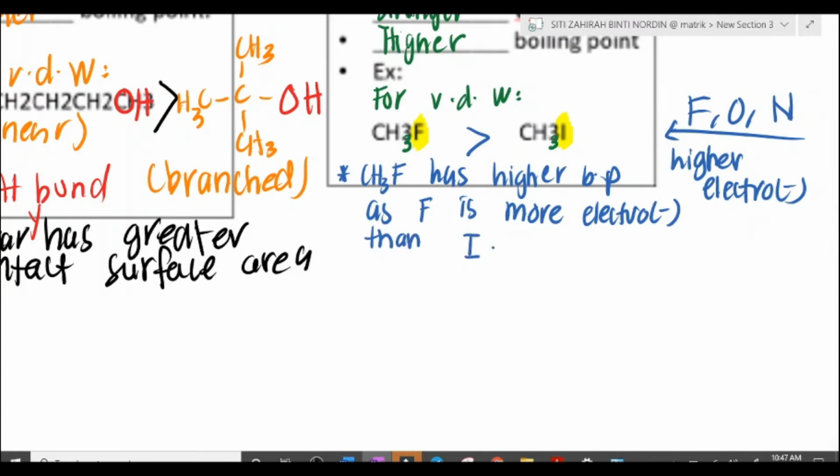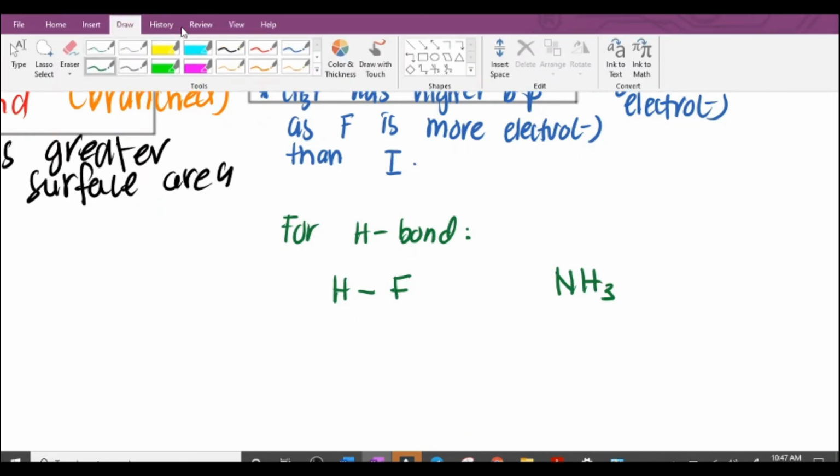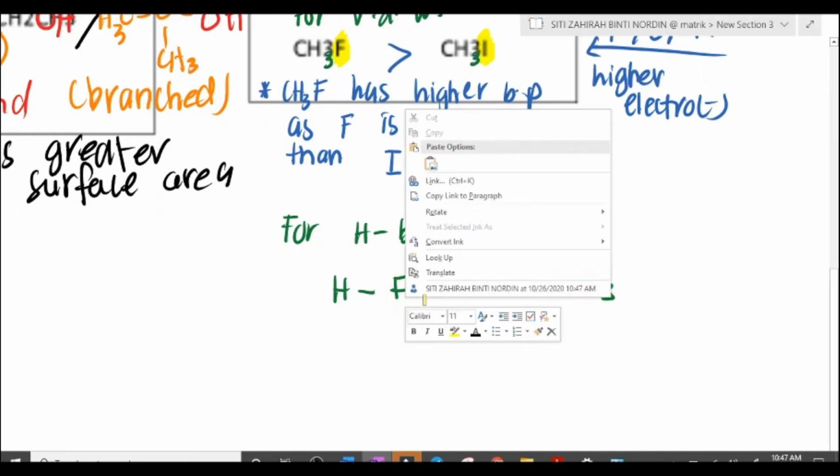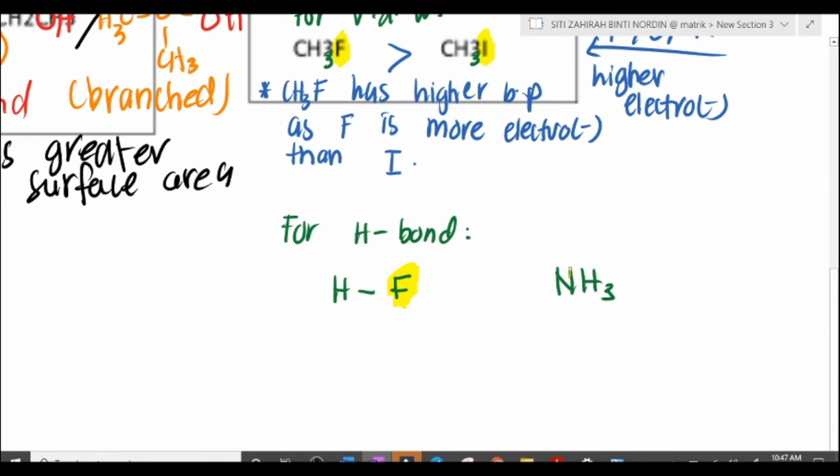For hydrogen bond, let's say we have HF and NH3. Again, F is more electronegative than N. So HF will have a higher boiling point than NH3 because fluorine is more electronegative than nitrogen in this case.